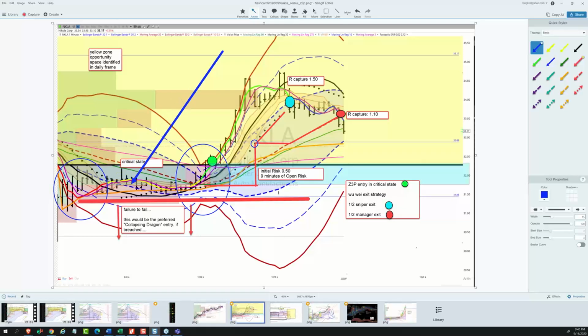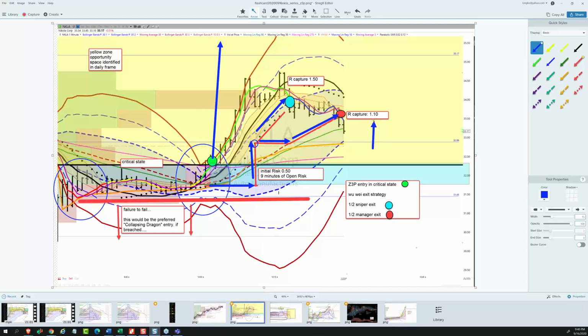And then because it failed to fail further, that makes this Z3 pinch breakout. Well, why not? Just give it a try. And then that becomes your Wu Wei exit to a sniper, or then pick up the Bollinger Band mean and you capture.